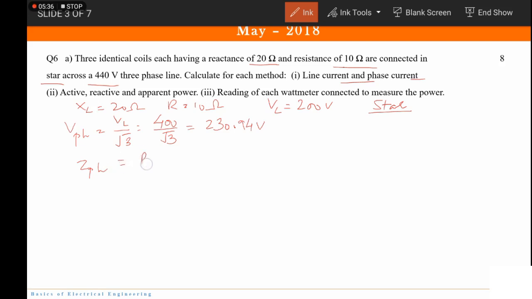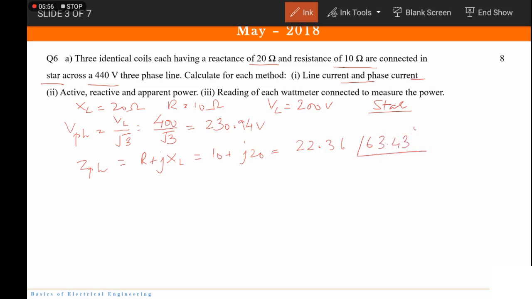What is ZPH? The combination of resistance and inductance. So it becomes 10 plus j20. When I convert this into polar form, this becomes 22.36 with angle 63.43 degrees.